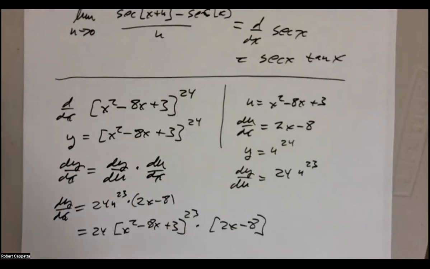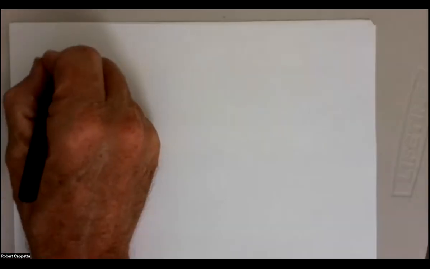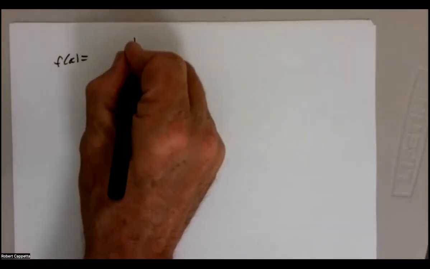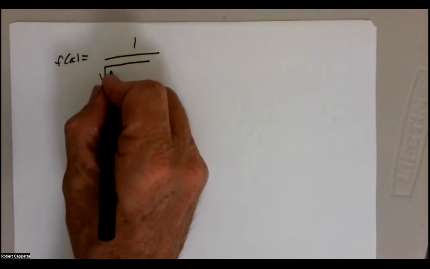All right, next up, number 9. We have f of x is 1 over the square root of 3x squared plus 11.